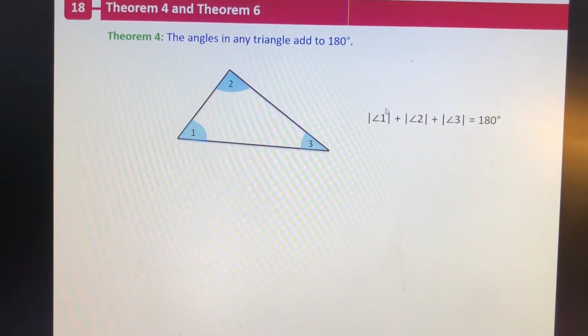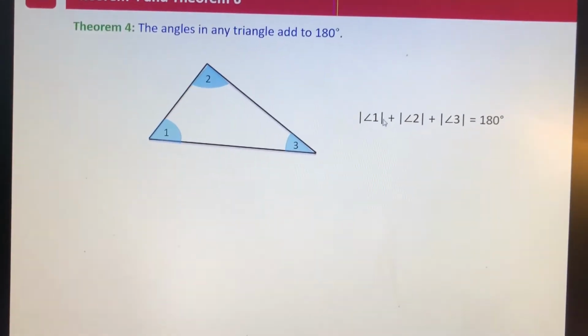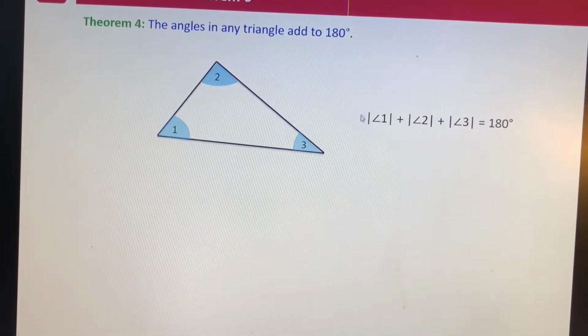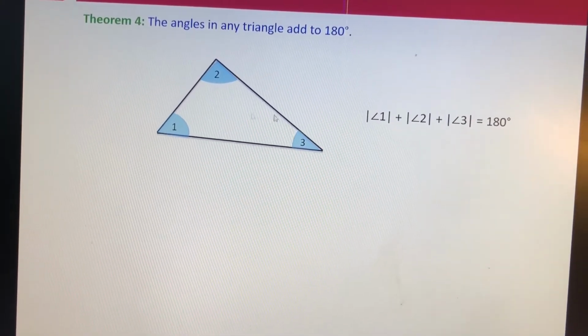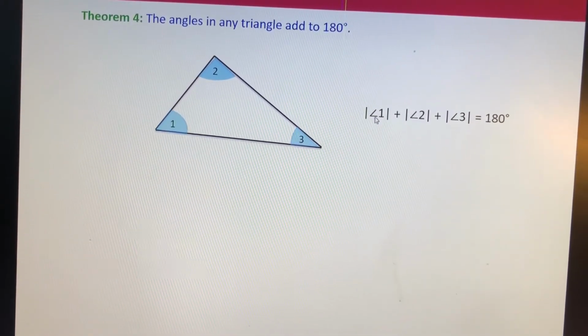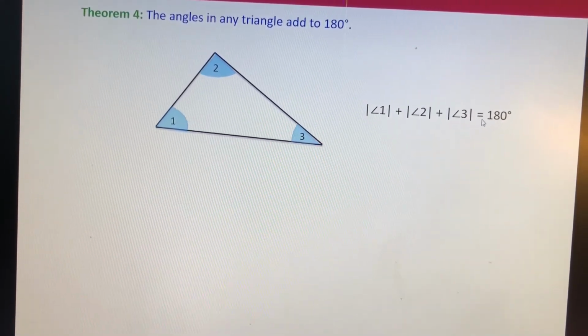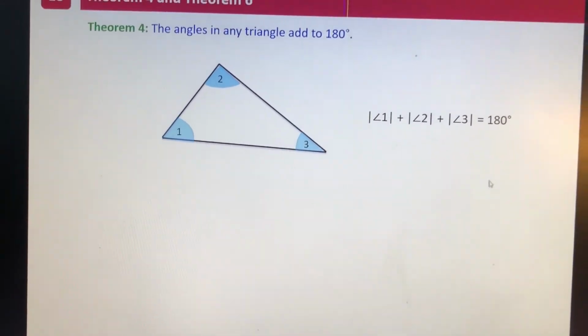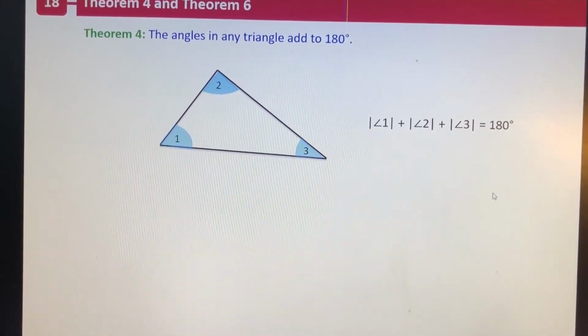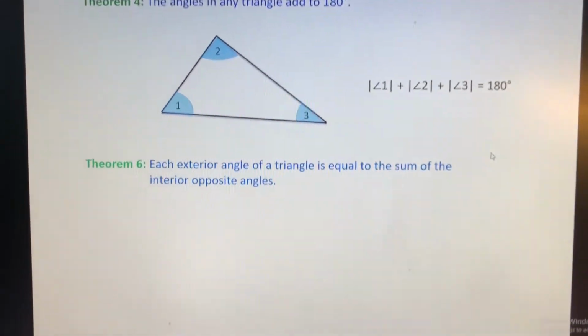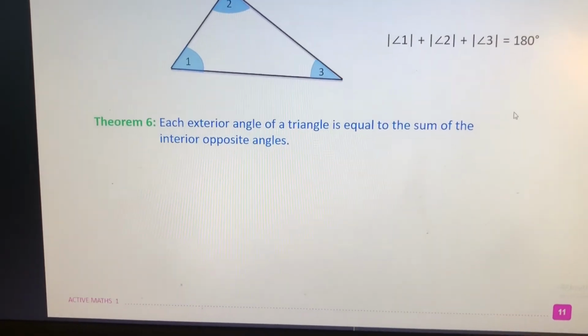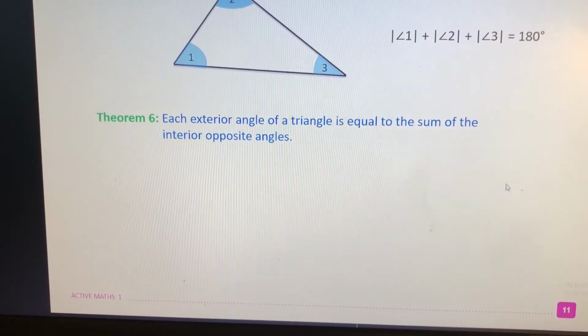And remember that we have these lines to say the measurement of. So we have the measurement of all three angles added together. Angle 1 plus angle 2 plus angle 3 will give a total number of degrees of 180 degrees, and that's Theorem 4.